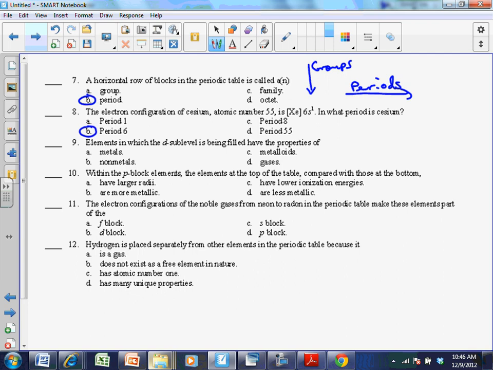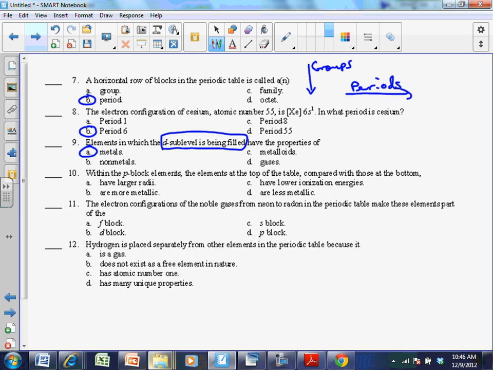Elements in which d sublevel is being filled have the property of being metals. D being filled, that means they're transition metals, right? Partially filled d orbitals are transition metals.